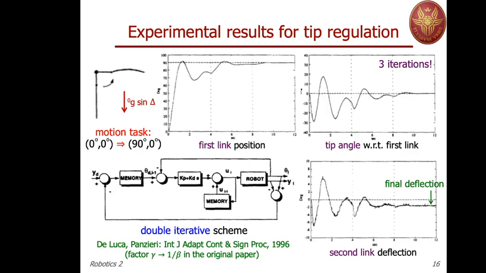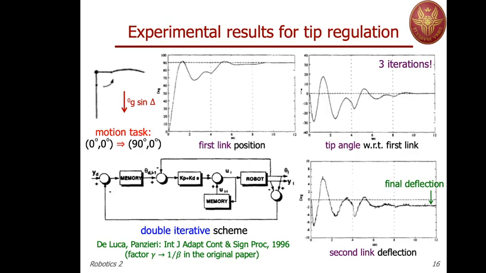So first of all, the motion test, from which I'm presenting experimental results, is going from the straight downward configuration, so where the arm is straight. The first link, remember, is rigid. The second is the flexible one. But in this configuration, everything is in default. So we are pointing downward on the inclined plane of motion.